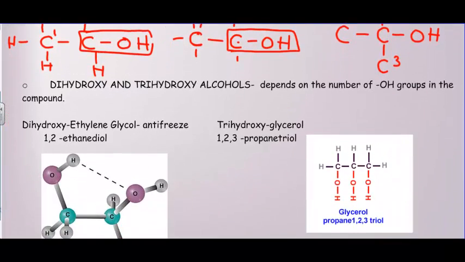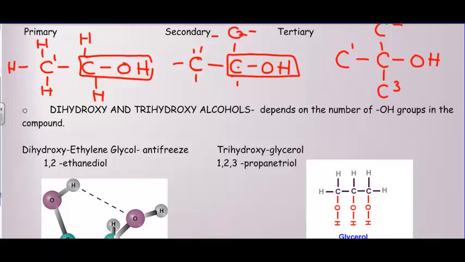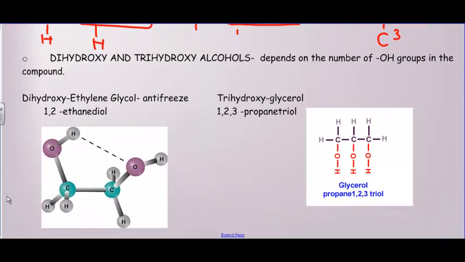You also have dihydroxy and trihydroxy alcohols. That tells you the number of OH groups in the compound. Like antifreeze that you put in your cars is a dihydroxy alcohol. This is the structure of antifreeze.